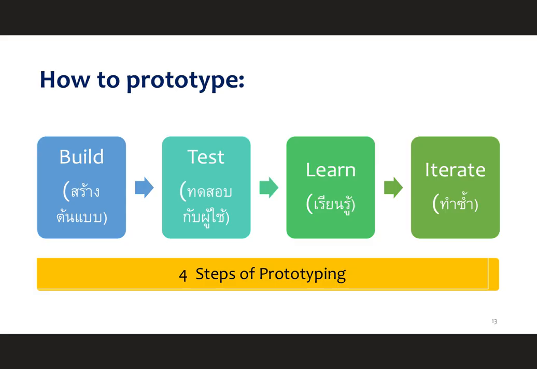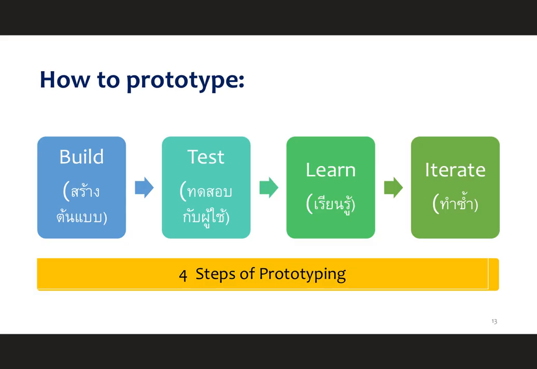The working prototype usually starts from building the prototype itself, and trying to test with the user or test in a near real situation. After that, you're going to learn from your test whether or not something needs to be adjusted, and if needed, maybe you need to iterate or repeat the prototype or improve the prototype.